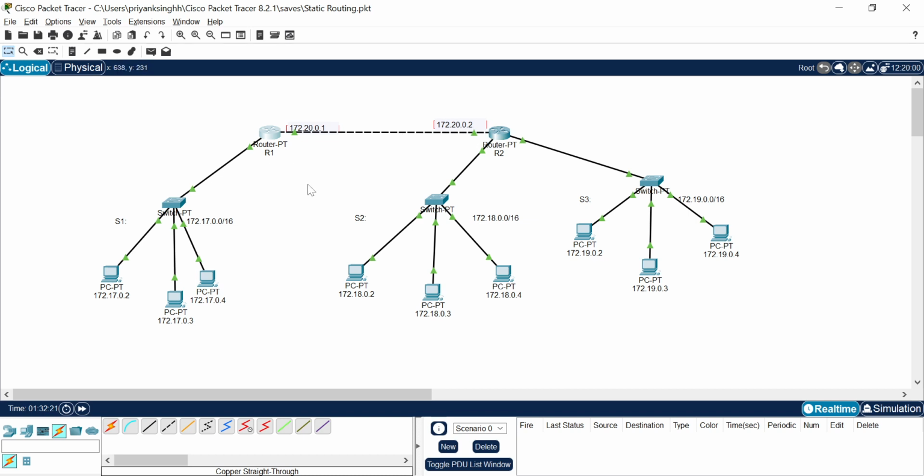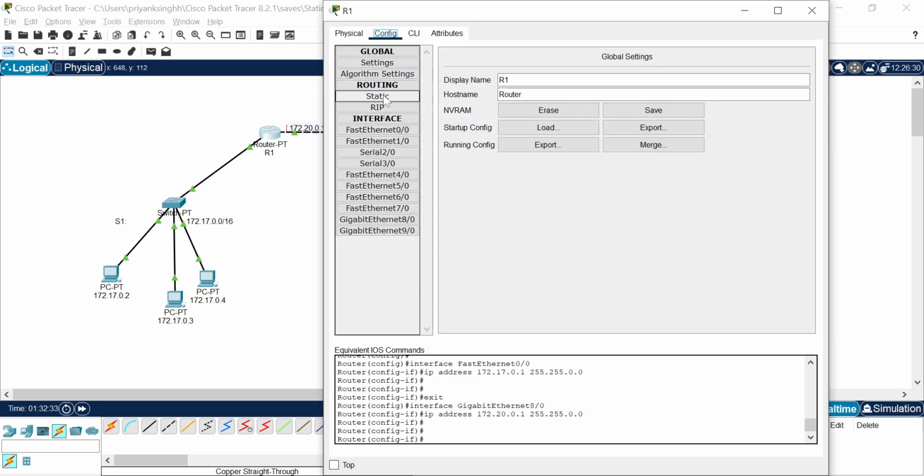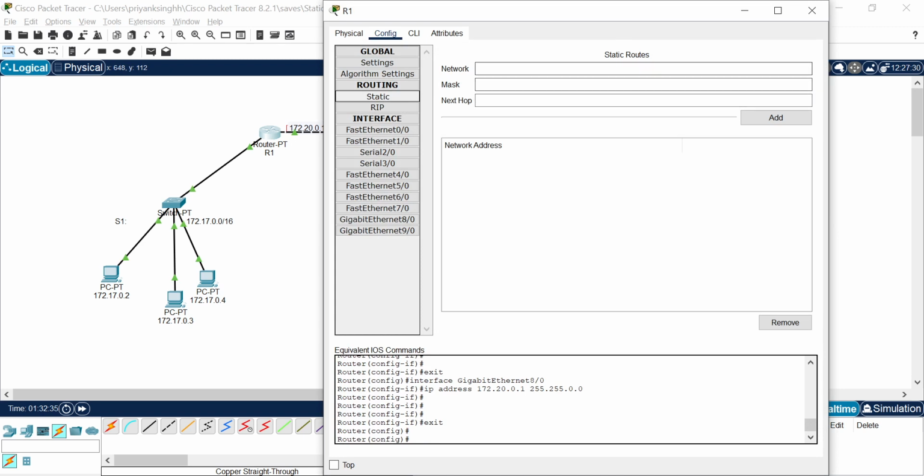It means that for these two networks from R1, the next hop value is the 172.20.0.2 interface IP address.